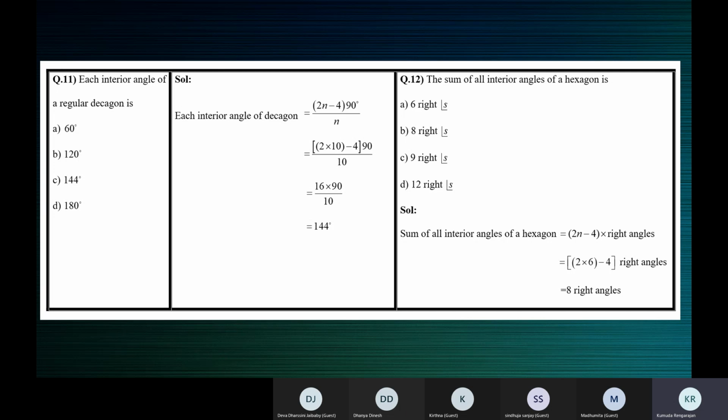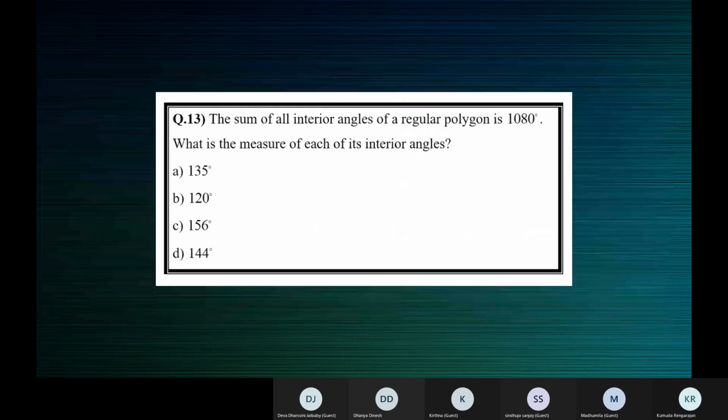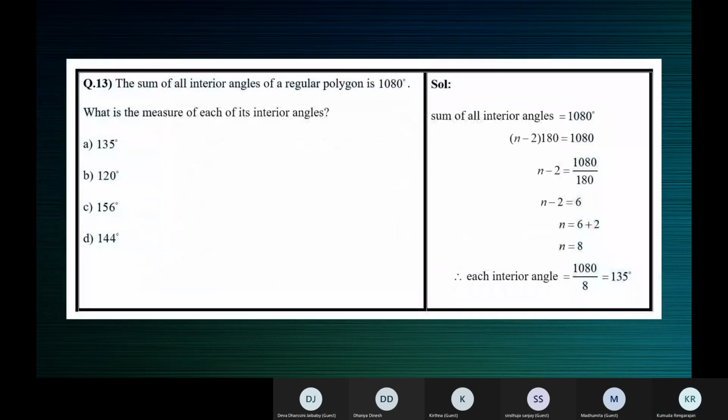Yes, children, take a picture of this one. Work all this. Yeah, take a picture of this one also.